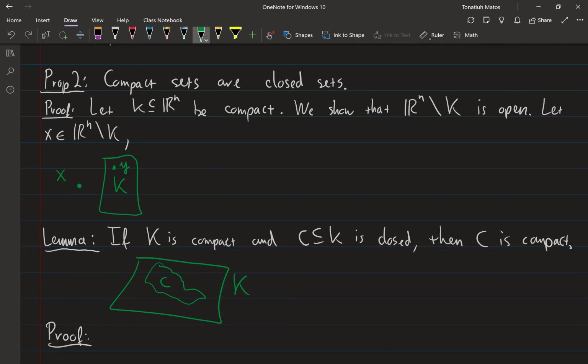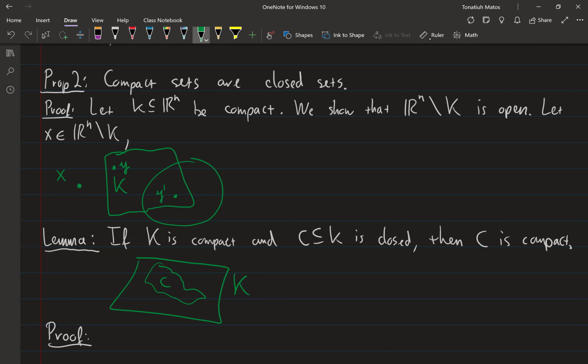So x and y are different points, right? So we can definitely isolate them like this. And if I do that for every point in K, let's say that, okay, maybe I need to draw this a little better. So for points that are far away, I may only require a really large open set, or sorry, a really large ball that doesn't contain x.